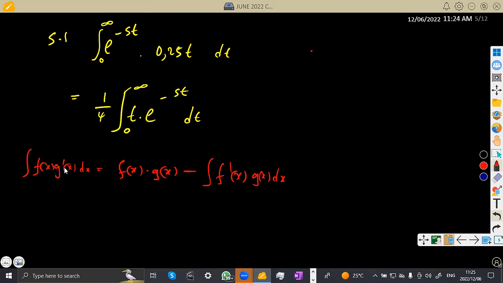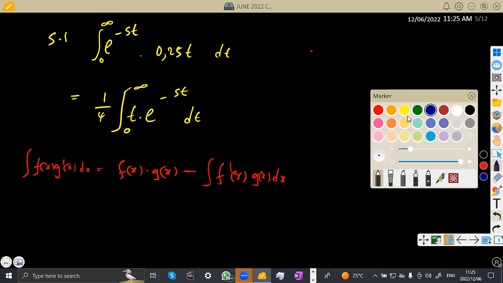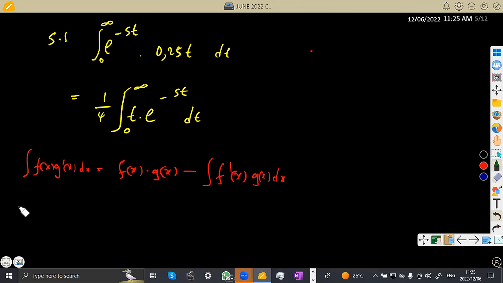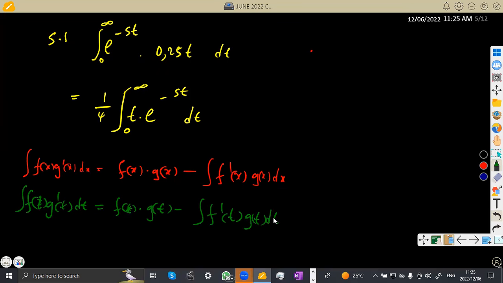So let's write it the way that we can understand. Because this is f of x, we can actually have it as f of t, g prime t dt, which is equivalent to f of t by gt minus the integral of the first derivative with respect to t, gt dt, since this expression is in terms of t, so that you don't confuse yourselves here.